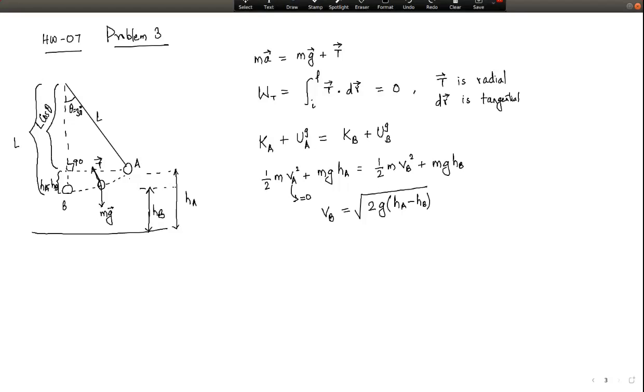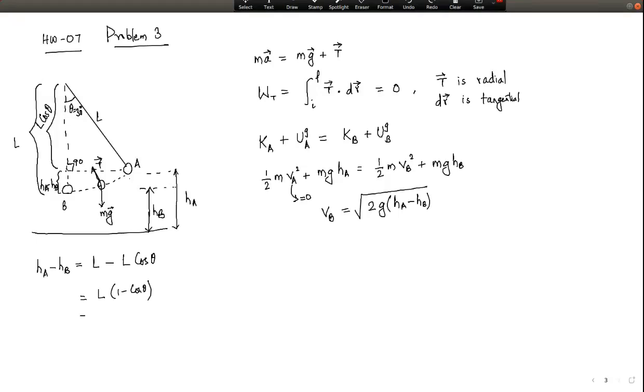So we can decipher that the difference in heights h_A minus h_B is equal to the total length L minus L cosine theta. That's the projection of the radius L on the vertical direction, which helps us calculate the difference in the heights. So this is L times (1 minus cosine theta).